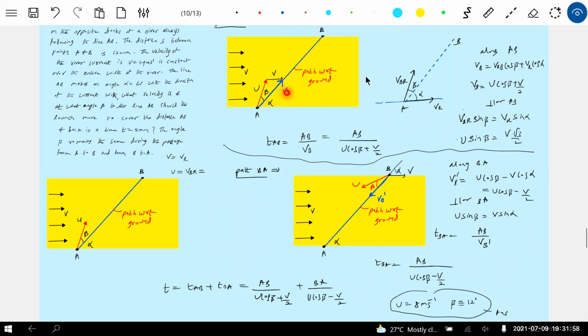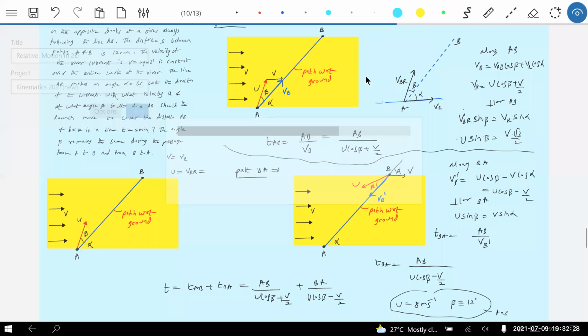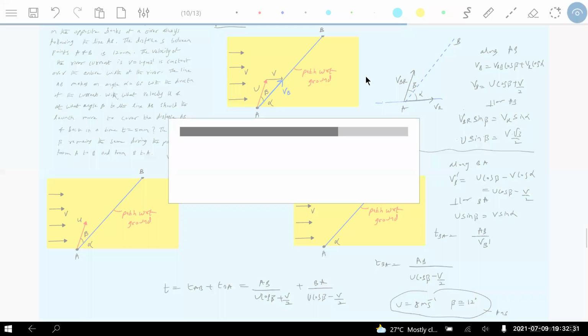I'll resolve the velocity of river and the velocity of boat with respect to river along this direction and also perpendicular. If the perpendicular components are equal, then the resultant velocity can be along AB. That's the basic condition here. This is another way of thinking. Okay, do the calculation later on. Let me jump to the other problems.